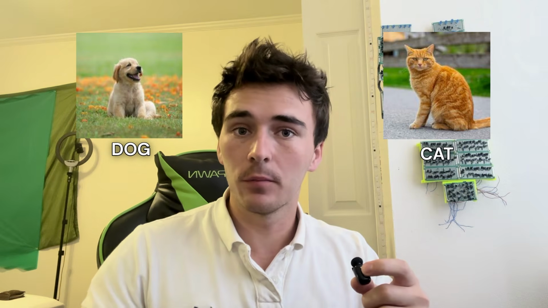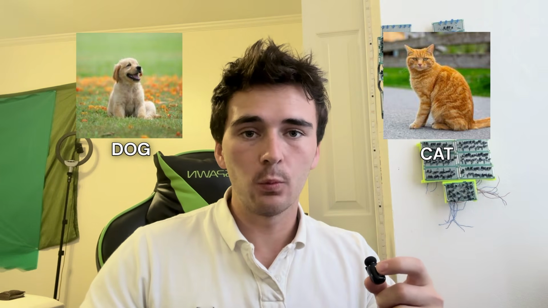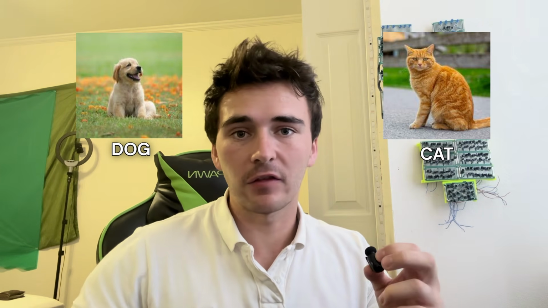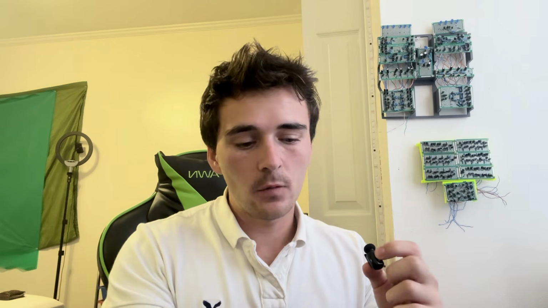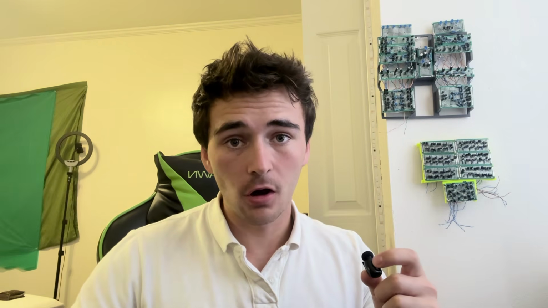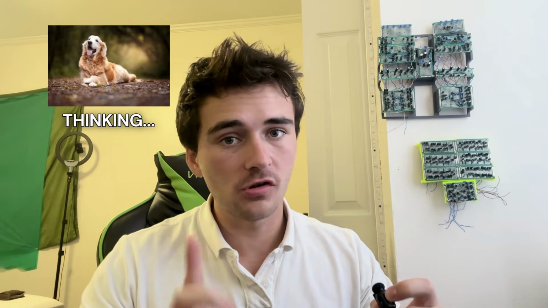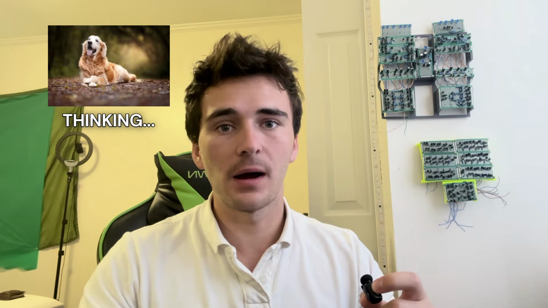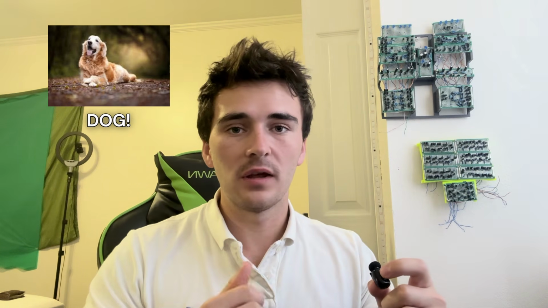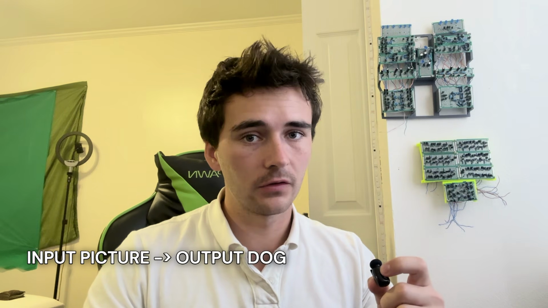Then we showed it a picture of a cat and said, this is a cat. Remember what it looks like. And we did this 1,000 times. So it has 1,000 pictures of dogs and 1,000 pictures of cats. Now if we put a random picture of a dog in front of it that it's never seen, it should be able to learn what a dog looks like and classify it by itself. So it can learn the outputs that we want from given inputs.